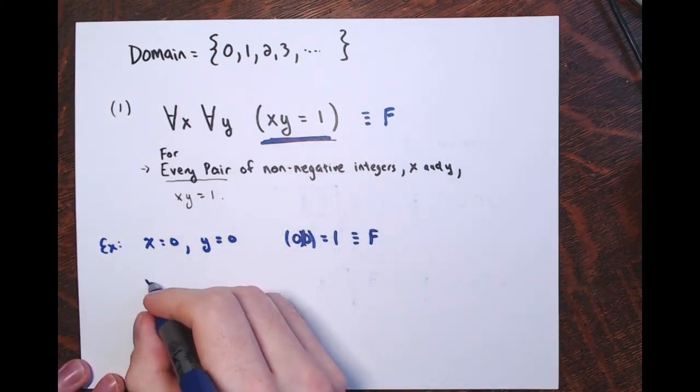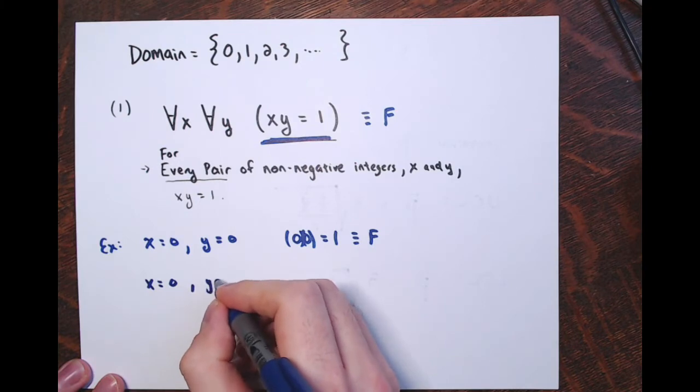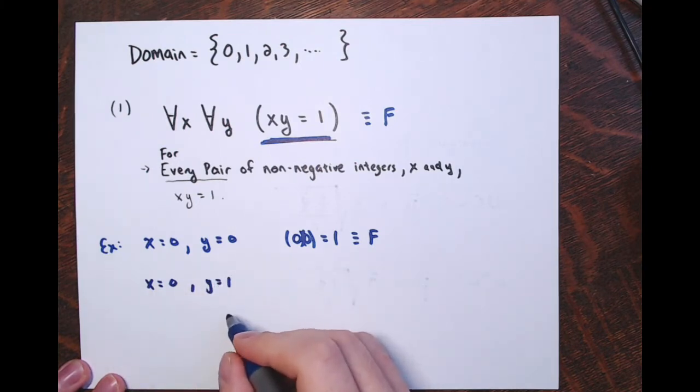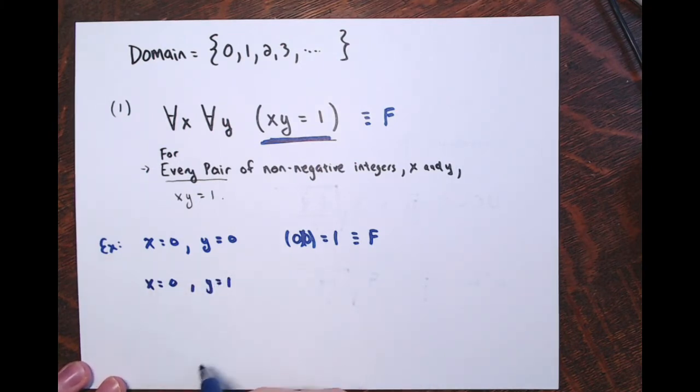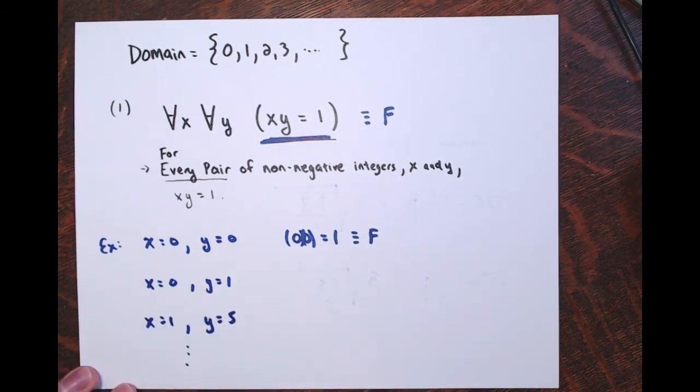And you could go through other pairs: x equals 0, y equals 1; x equals 0, y equals 2; and so on; x equals 1, y equals 5, whatever. You could make up pairs of non-negative integers all day long.